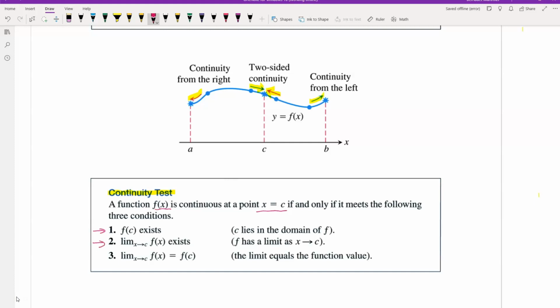Finally, compare these two, number 1 and 2, and see if f of c is equal to the limit of f of x. If it is equal, in that case we say our function is continuous at the point x equal to c.